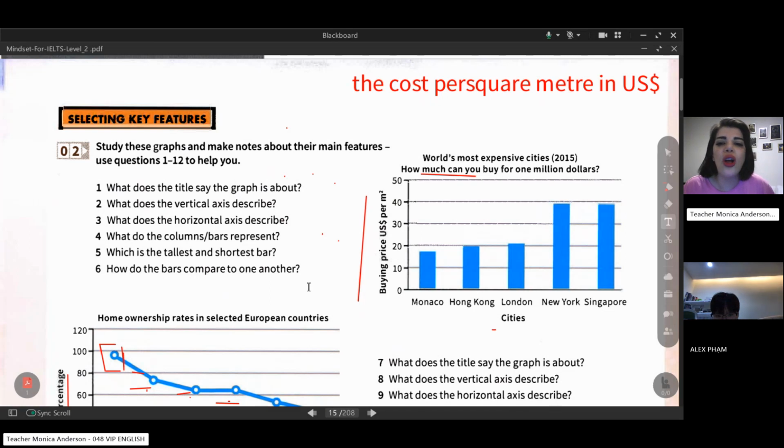Now let's talk about columns or bars. We say bars, not columns here. What do they represent?